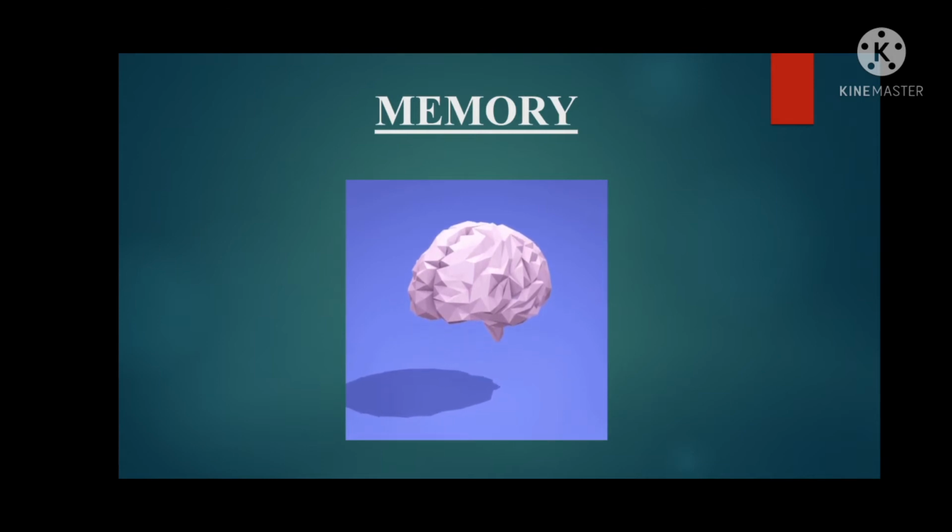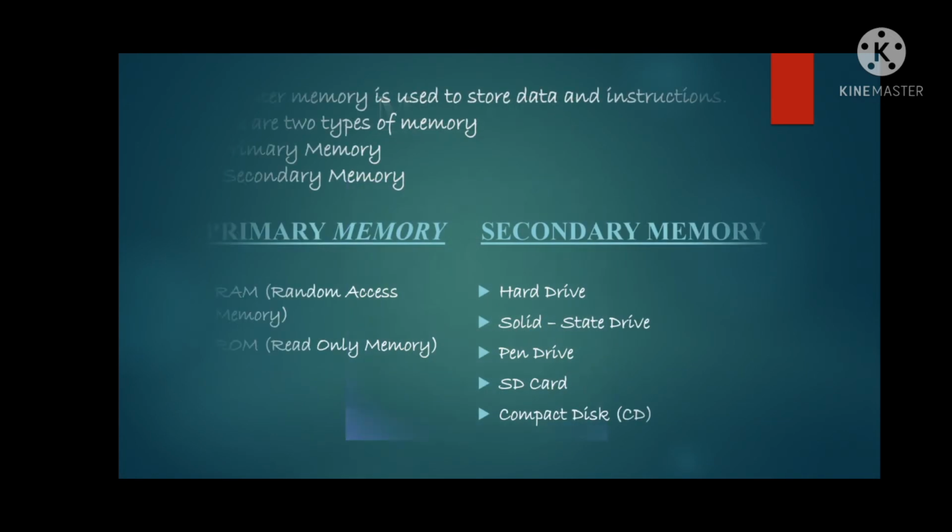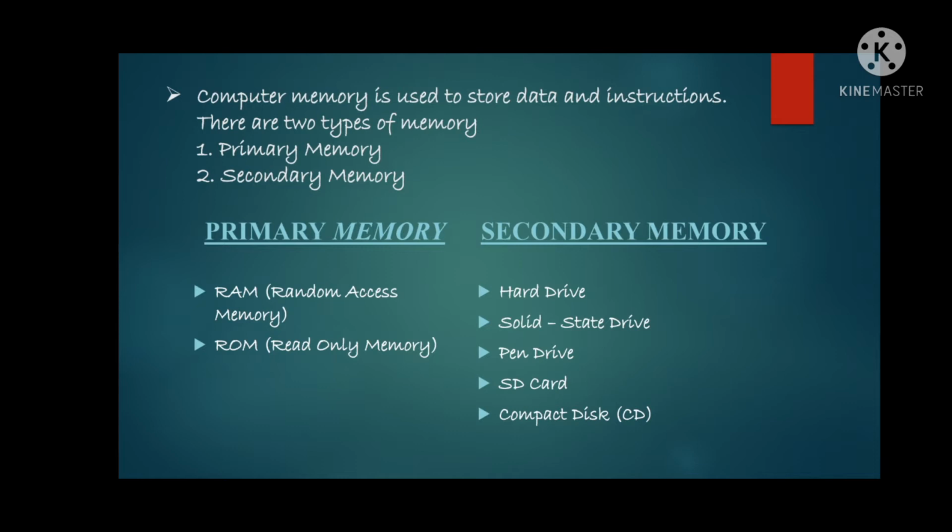I have given a pictorial representation of memory. As I told you, it looks just like a human brain, which is used to store data and instructions. There are two types of memory: primary memory and secondary memory. In primary memory, we have two kinds of things: one is RAM and the other is ROM.